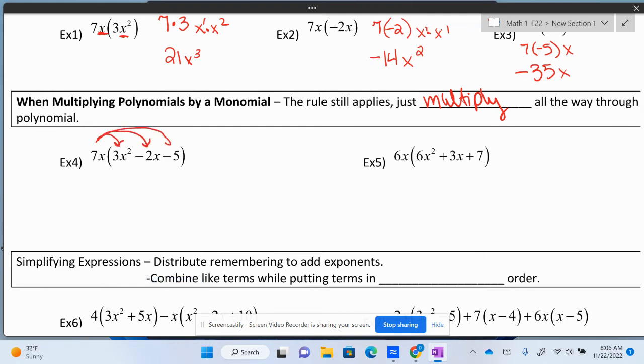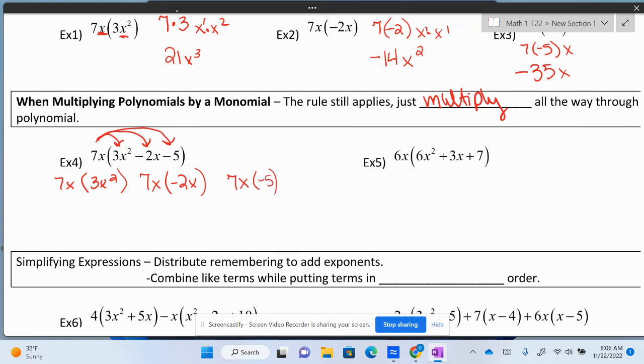And then I'm going to write these as a multiplication problem. So we really have 7x times 3x squared. And then I have 7x times a -2x. And I have 7x times a -5.